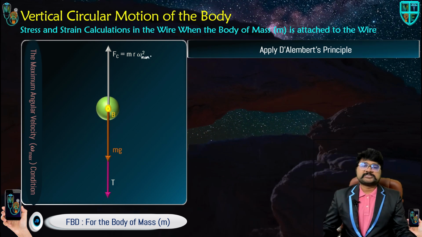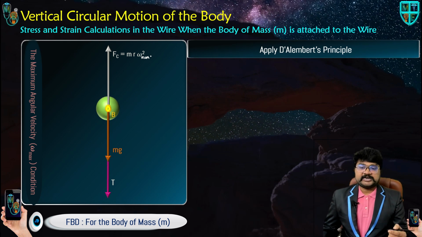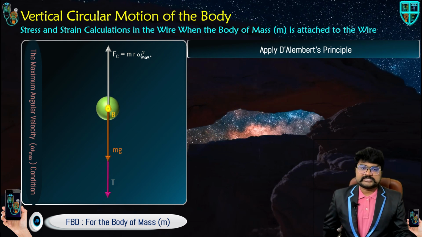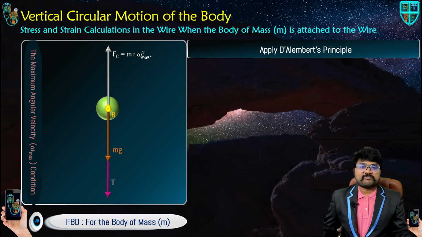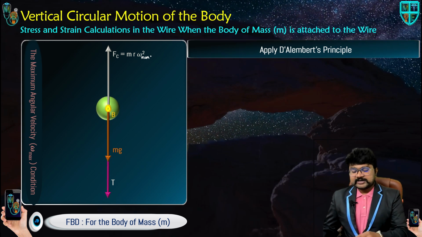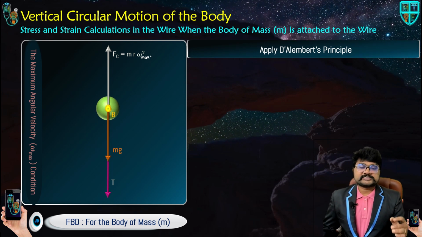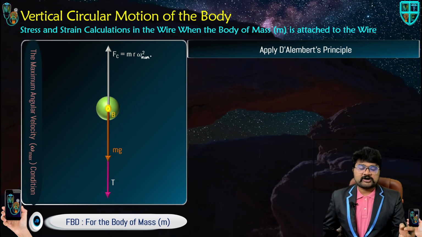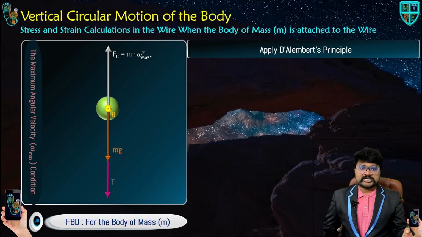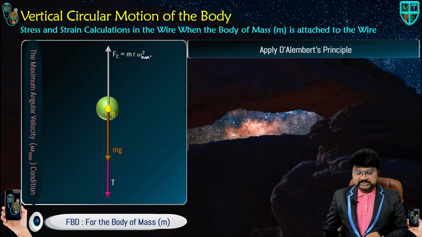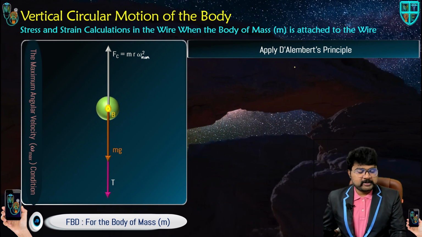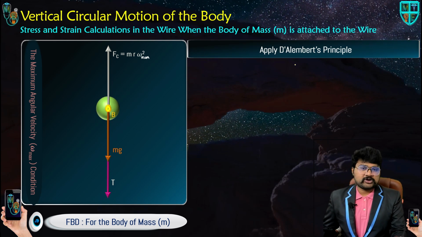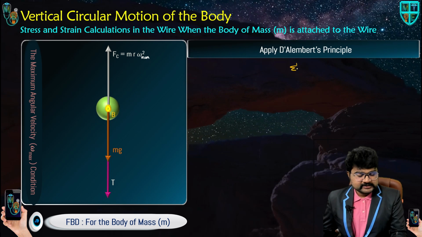By D'Alembert's principle, we represent centrifugal force in the free body diagram, which means the dynamic problem is converted into a static problem. Centrifugal force always acts opposite to the direction of radial acceleration, that is, centripetal acceleration. So we can apply static equilibrium equations.